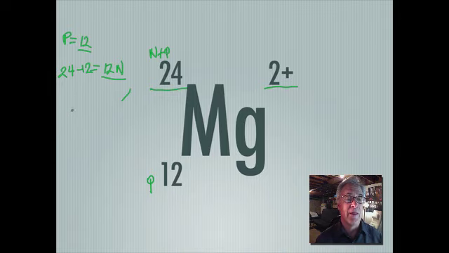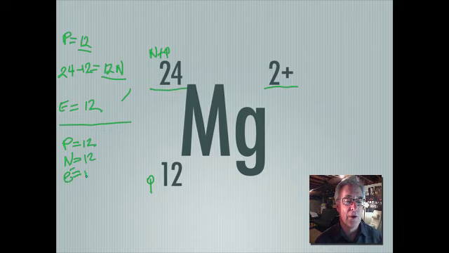And because of that, our electrons would also equal 12. So, in a stable state, let me rewrite this. Protons equals 12. Neutrons equals 12. And electrons equals 12.